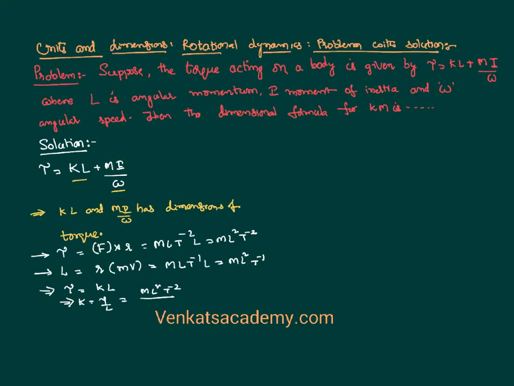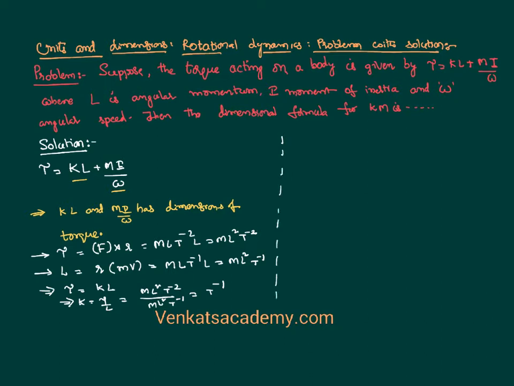Angular momentum has the dimensions of mvr, that is M L T power minus 1 and L, therefore M L square T power minus 1. If you simplify, I will get simply T power minus 2 and T power plus 1, which is nothing but equal to T power minus 1. All other terms were already cancelled. So now I know the dimensions of K.